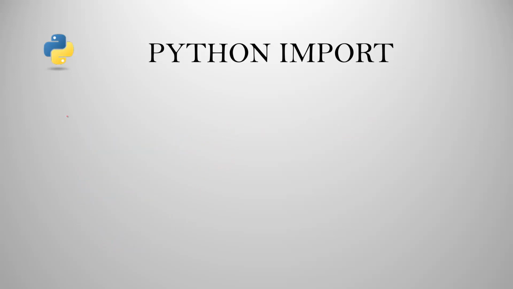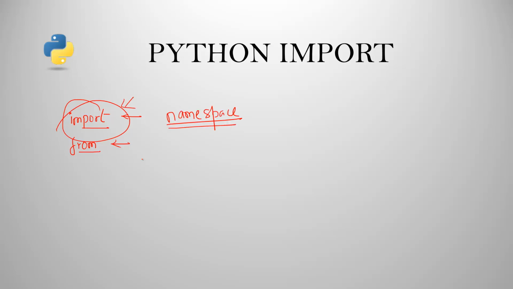Basically there are two ways to import a module. One is through import and the other is through from. There is a basic difference between these two methods. When we use import, Python loads the module into its own namespace, so you have to add the module name followed by a dot in front of the reference to any names from the imported module that you refer to.